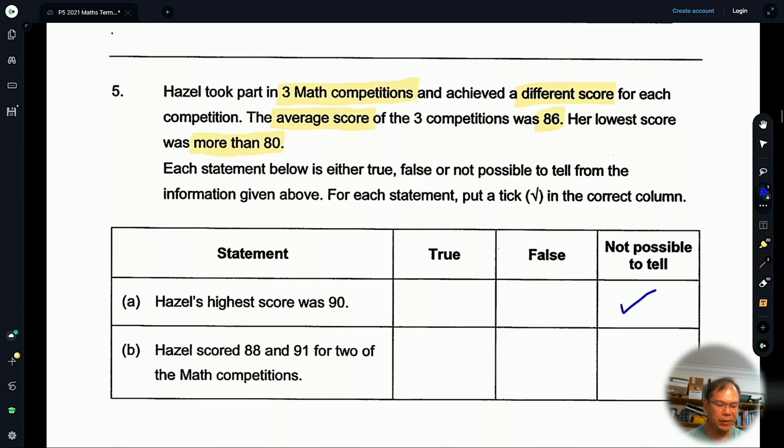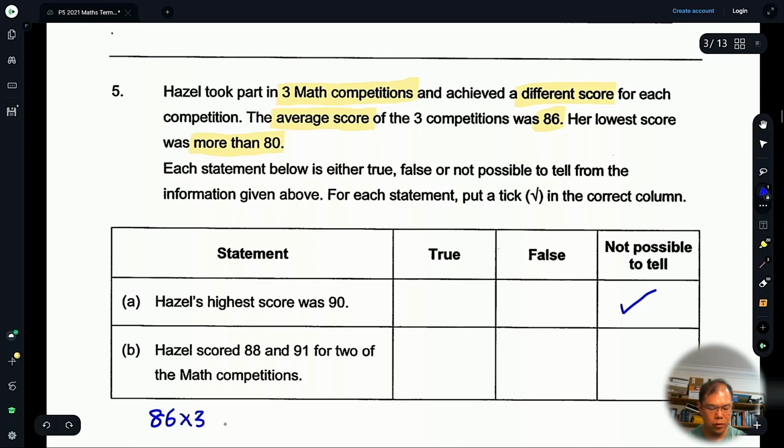Right, statement B, Hazel scored 88 and 91 for 2 of the maths competitions. Now, is it a definite statement? Is it a true statement? In this case, not true, right? Let's say I have 3 competitions, her average score is 86.